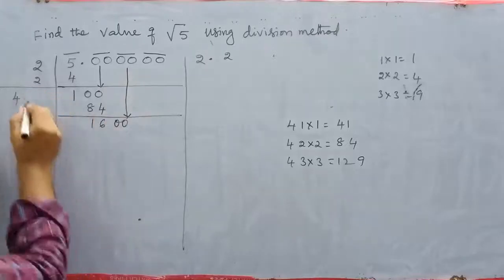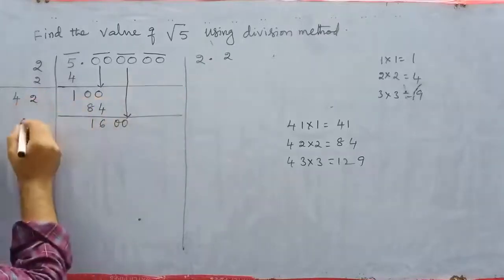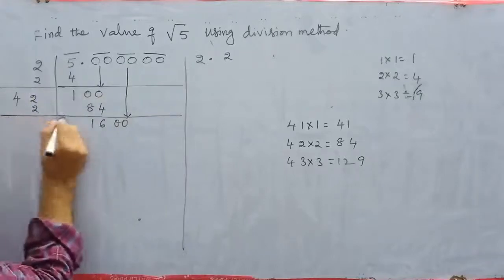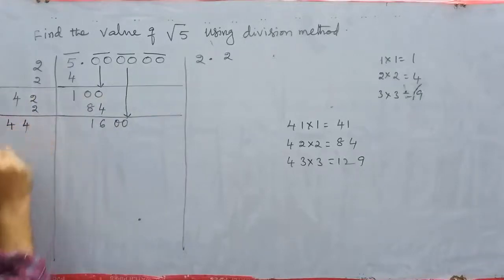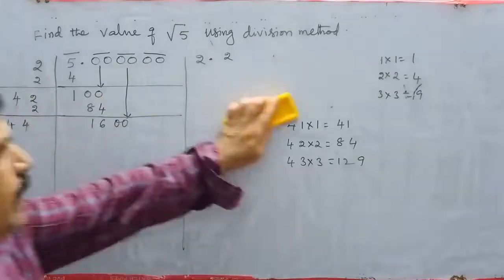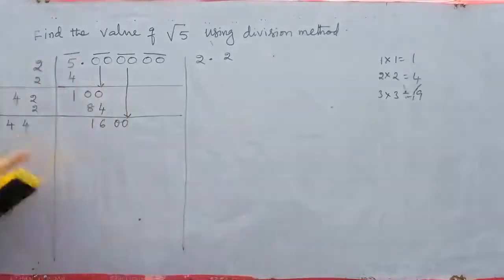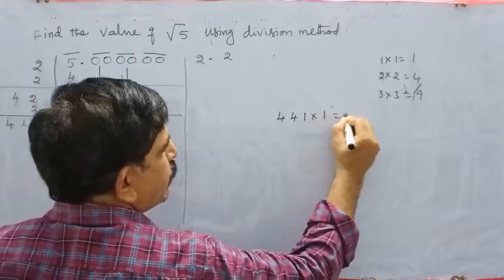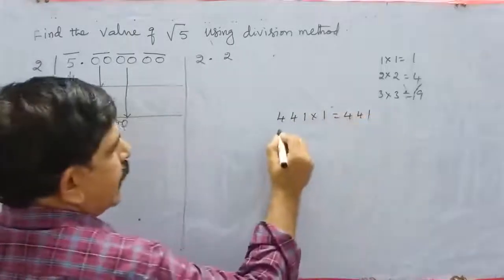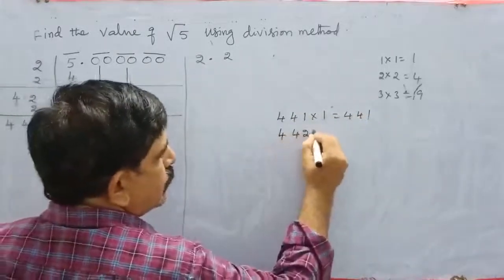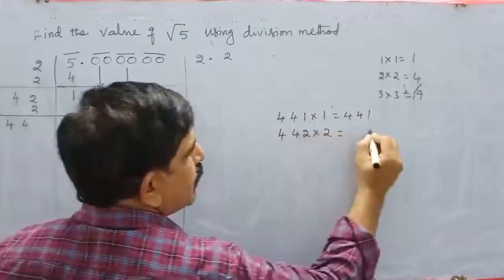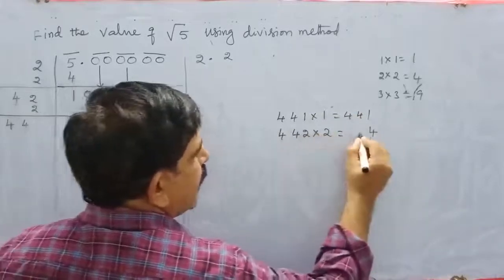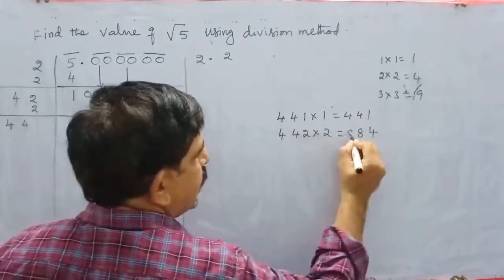You take the next 2 zeros. Okay, 2 here and 2, double this one, 44. Now 441 into 1 is 441. Next, 442 into 2: 2 2s are 4, 2 4s are 8, 2 4s are 8.